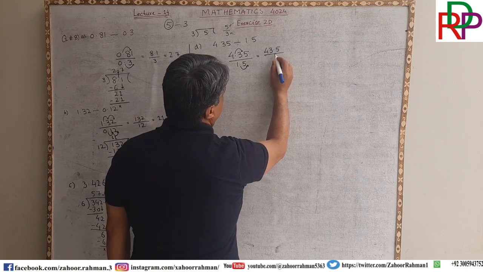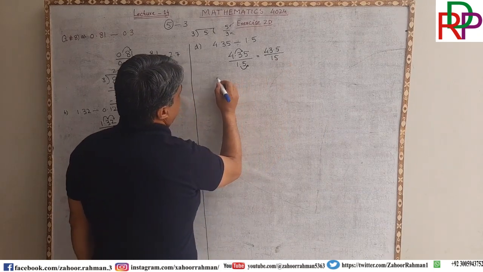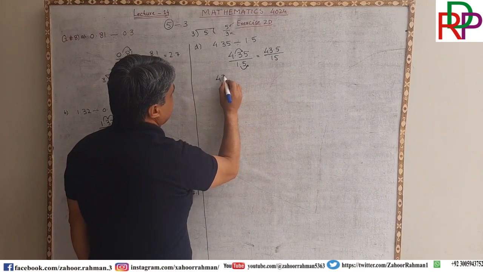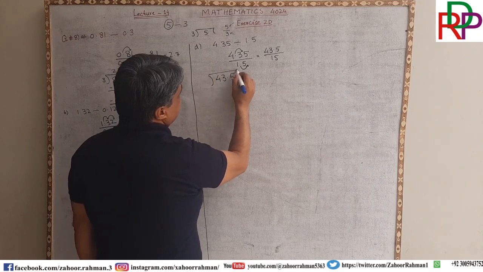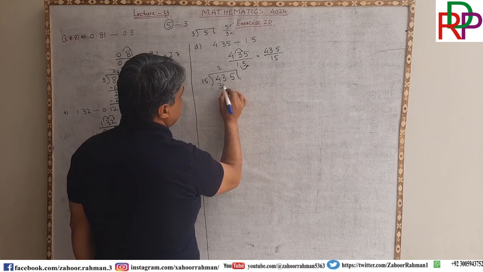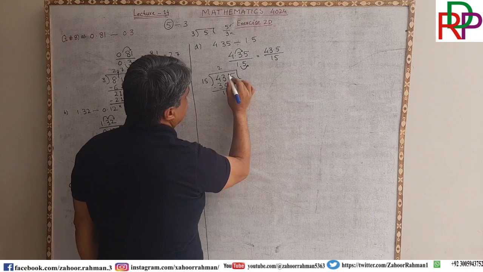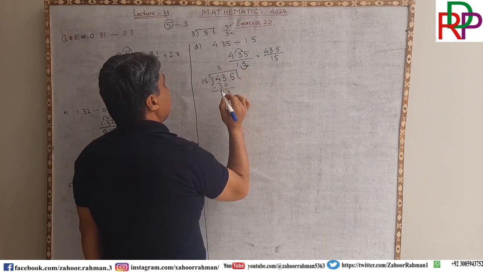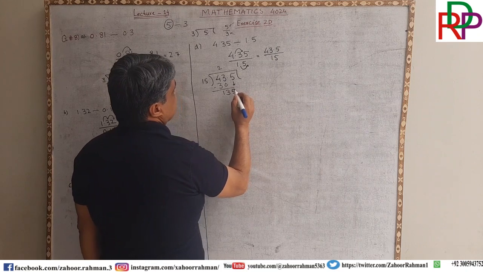So it is equal to 43.5 divided by 15. Now I have to perform the next action, and that is divide by 15. 15 twos are 30. When I subtract this, 13 will come, the point will go up and 5 will come down.